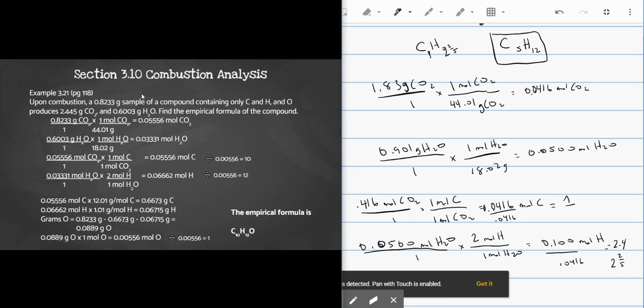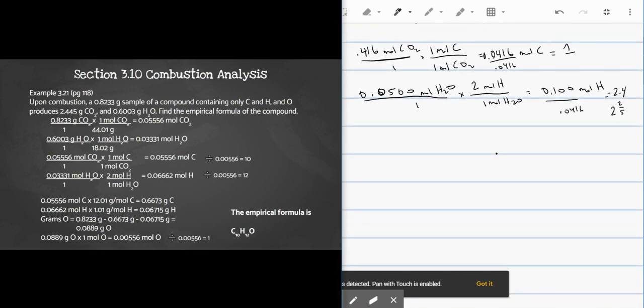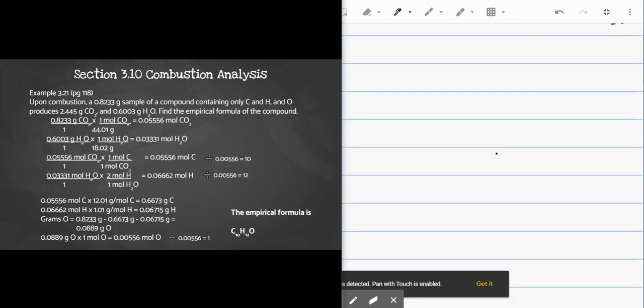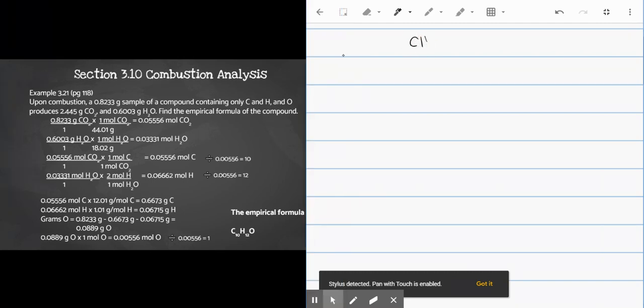All right, so combustion analysis. This one is a doozy. This is the whole enchilada where we have the carbon, hydrogen, and we have oxygen now in our mystery compound. So we are burning a compound containing C, H, and O, and let's call it X, Y, and Z. We're trying to figure out what those subscripts would be.